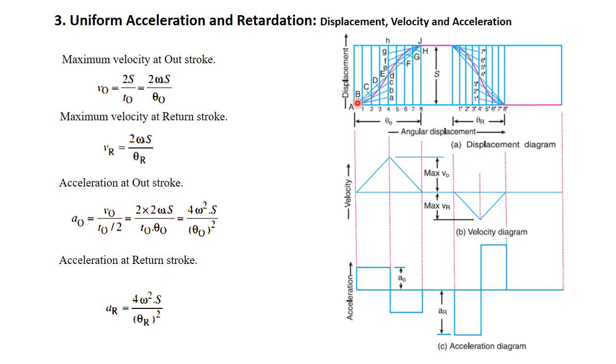Now, as the diagram shows here, the velocity gradually increases; displacement is increasing at every equal interval of the outstroke. So up to the midpoint of the stroke, velocity is increasing, and after that, velocity is decreasing.